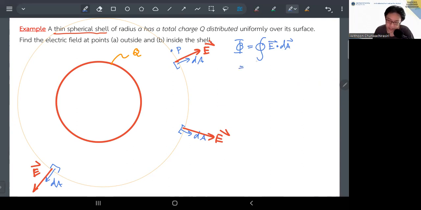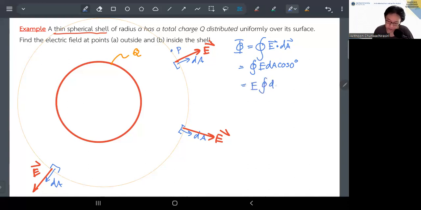Because E and dA make a 0-degree angle with each other, it's E dA cosine 0. By the symmetry argument, the electric field points in all directions equally, with no particular direction where it is stronger. Electric field is constant throughout this Gaussian surface.